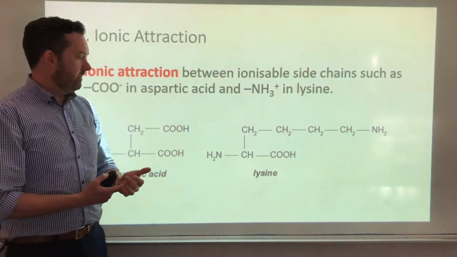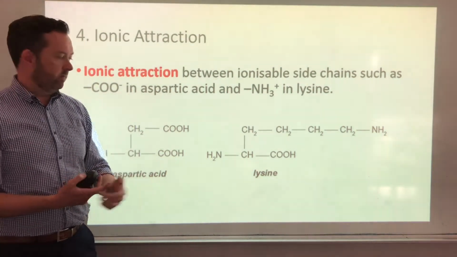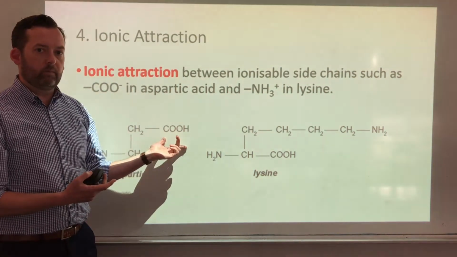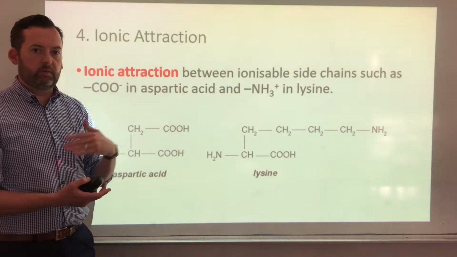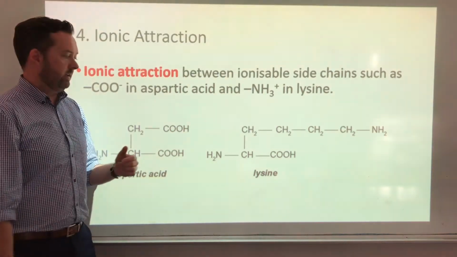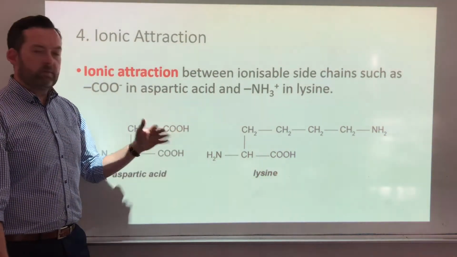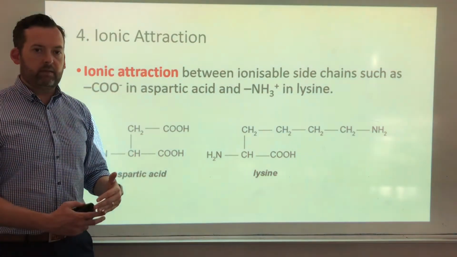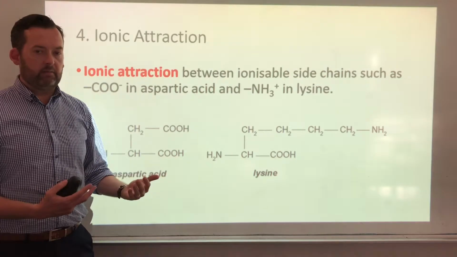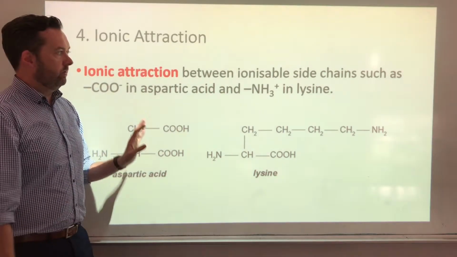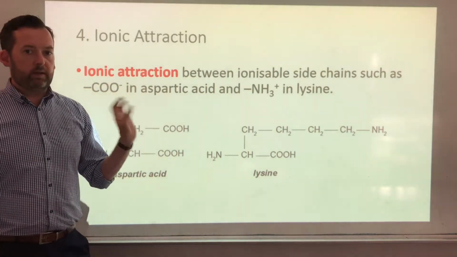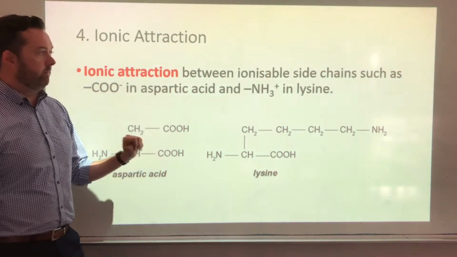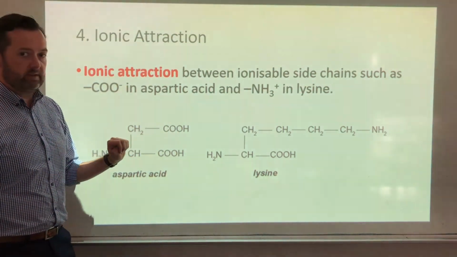Well, what happens is that the added acid will force the weak acid to reform, because we know weak acids are the predominant species in solutions when it comes to these things. So that means that would form, which means the ionic interaction would not be there anymore, and therefore the tertiary structure would be affected and the enzyme will not function. So ionic interaction is really dependent on pH. So be careful of that one when you're doing what is the effect of pH.